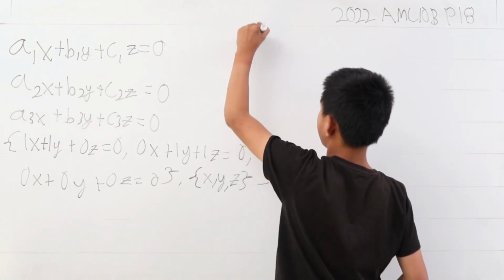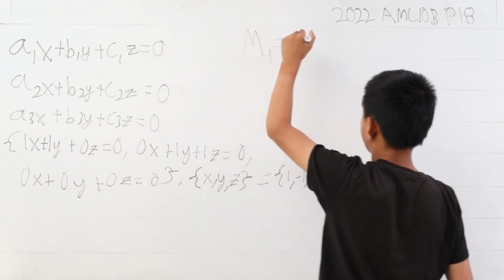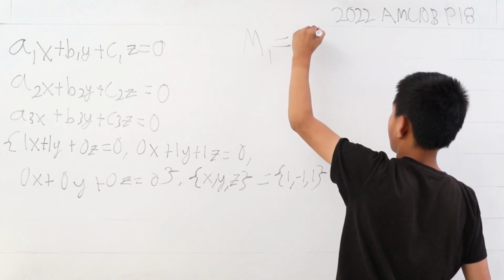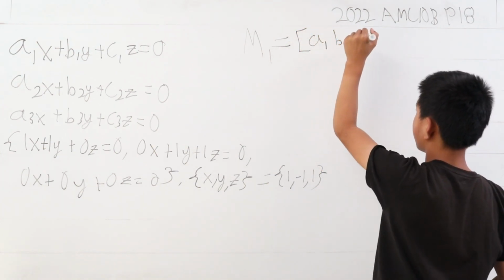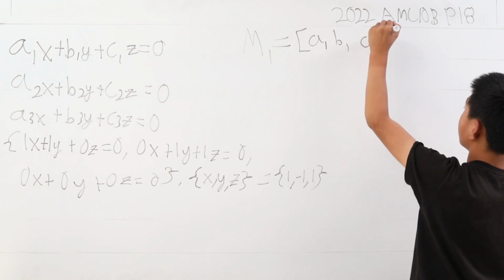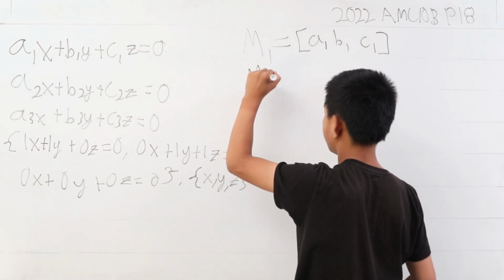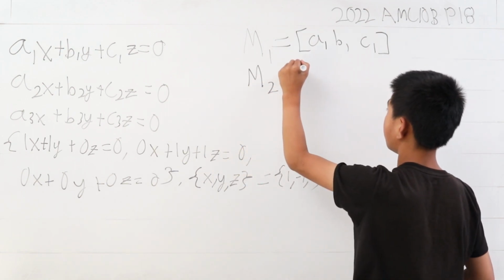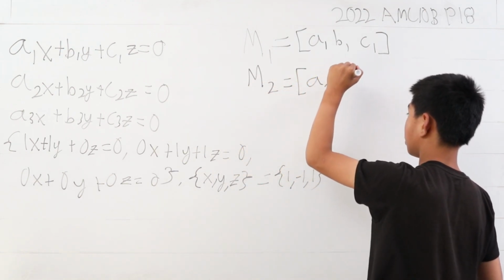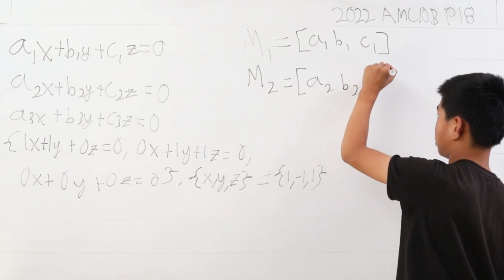We let M1 be equal to the set of a1, b1, and c1. Same thing here, we let M2 be equal to a2, b2, and c2.